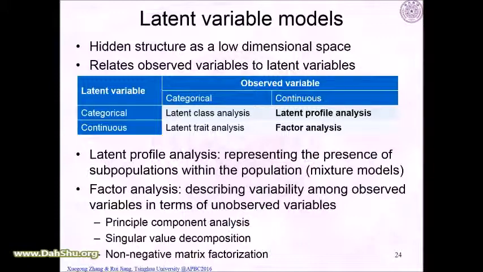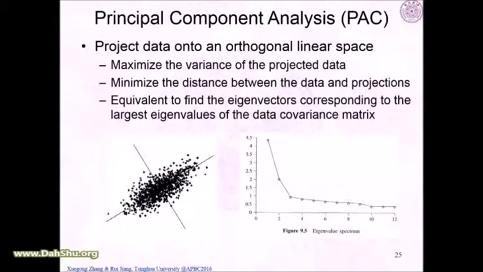Now let's look at factor analysis, where we want to describe the variability among the observed data in terms of some unobserved variables in a lower dimension. The typical methods are principal component analysis, singular value decomposition and non-negative matrix factorization. They are of the same family. Let's look at principal component analysis. I guess we are all familiar with this.